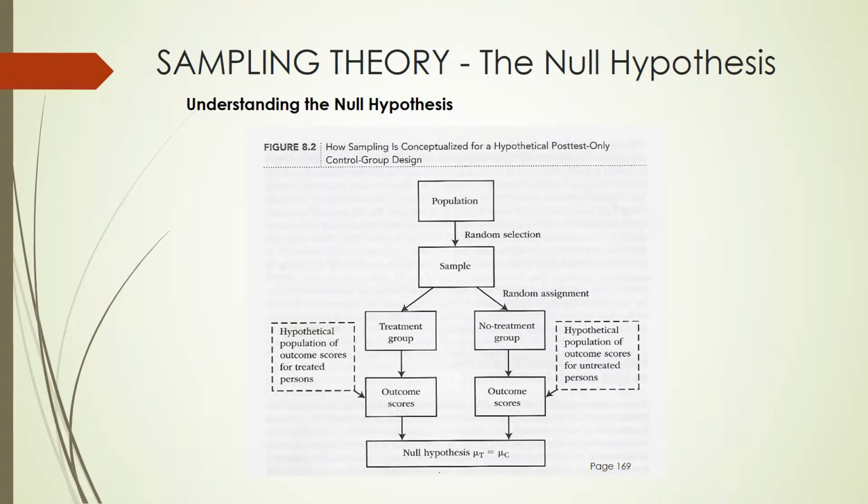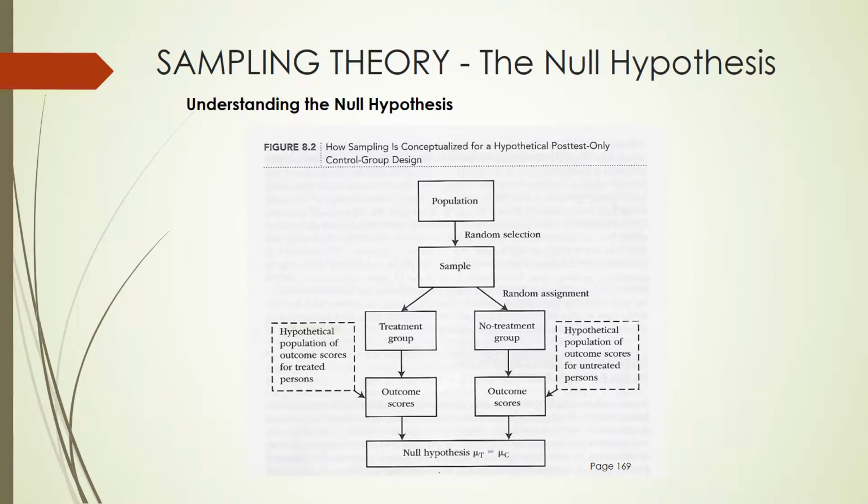Therefore, if the sample groups and their respective populations are tested, the mean outcome scores of both groups would be equal, which means the treatment had no significant impact. Thus, the decision is made to reject the null.